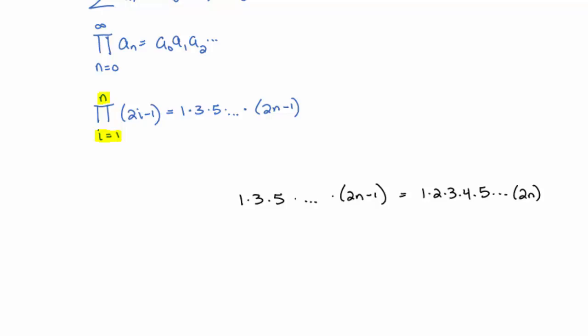And again, if n was 4, this side would be 1, 2, 3, 4, 5, 6, 7, and 8. Obviously those two are not equal. You could probably easily see that they're not equal at all. So you would like to remove from that product all of the even numbers. So how do you do that? Well, I'd like to remove the 2, the 4, the 6, and so on and so forth, all the way up to the 2n, wouldn't I?